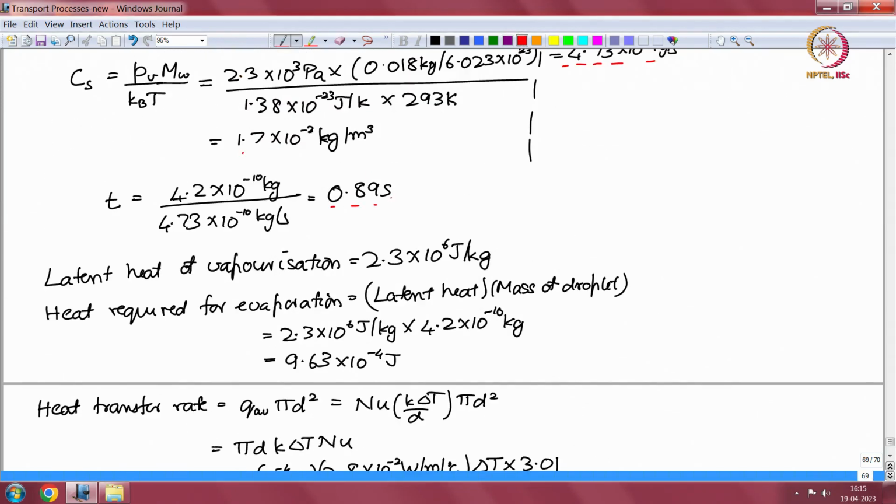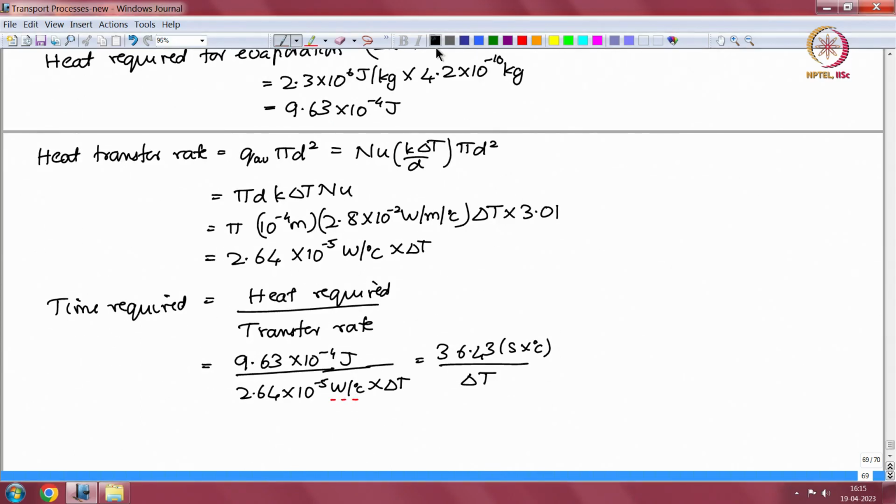So, this thing has to be the same as the time required in this case for the mass transfer. Okay. And this gives me the temperature difference between the two as 40.9 degrees centigrade. So, the air has to be at a temperature about 41 degrees more than the droplet, so that the heat transfer takes place within the time it requires for the mass transfer to be completed.